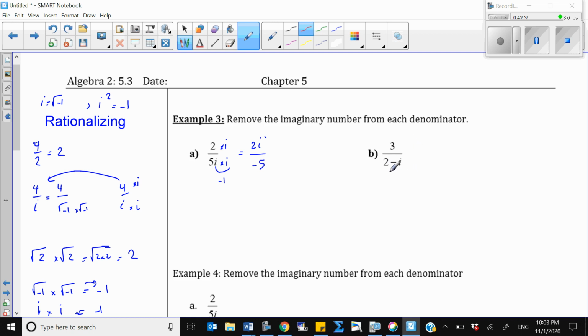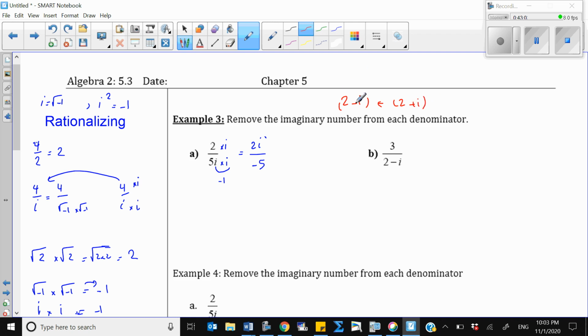So in order to get rid of the i in the denominator for a complex number, we need to multiply by the conjugate of this complex number. What is the conjugate? For example, if I have 2 minus i, the conjugate of 2 minus i will be 2 plus i.